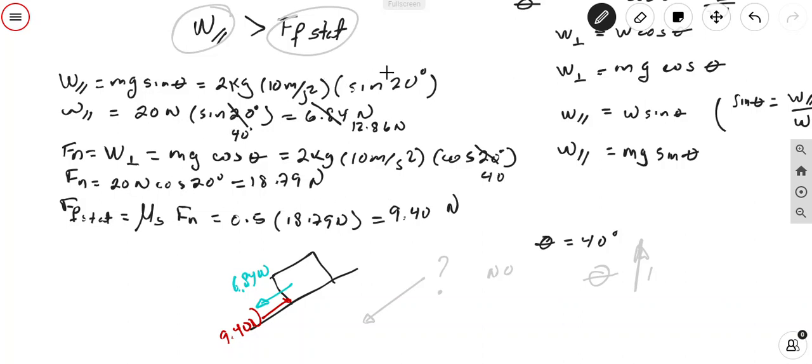And now we are going to replace this angle by 40 degrees. So we're going to see what is the new value of the normal force. We have cosine of 40, that is 0.766, times 20. This would be 15.32.